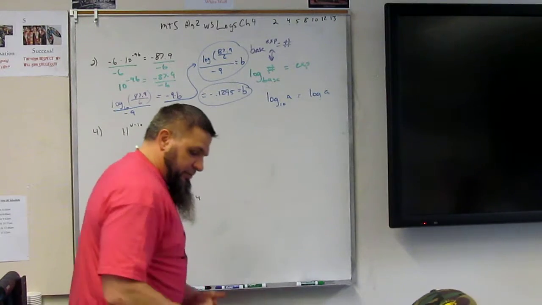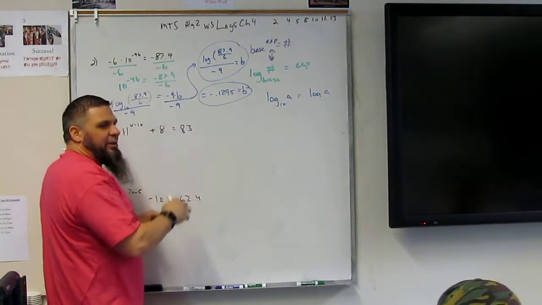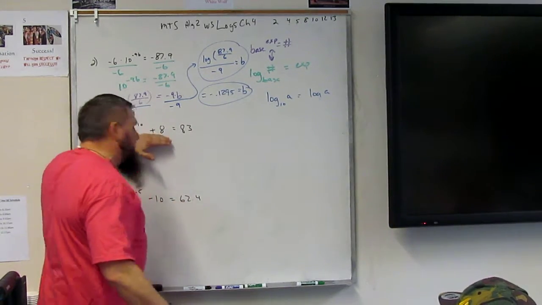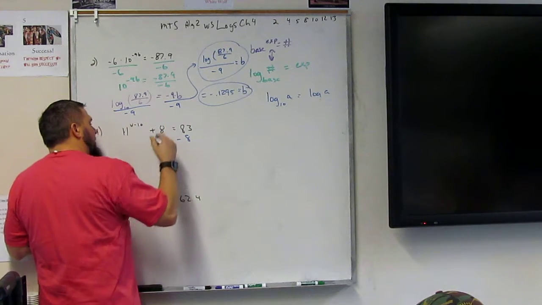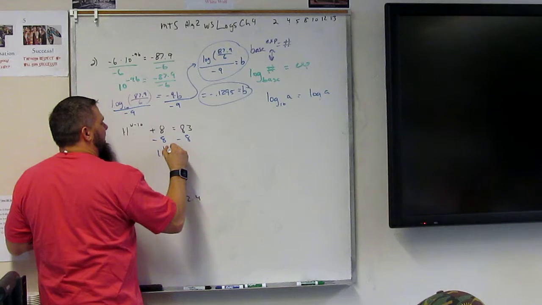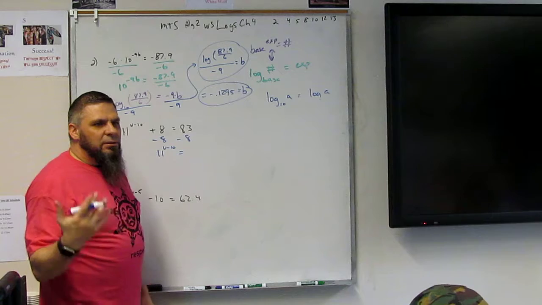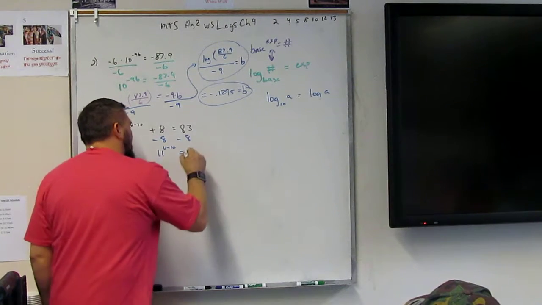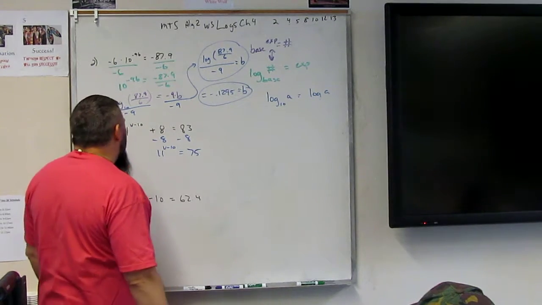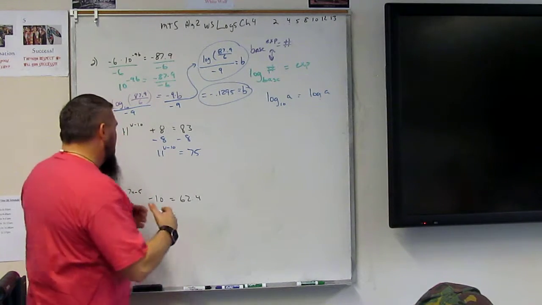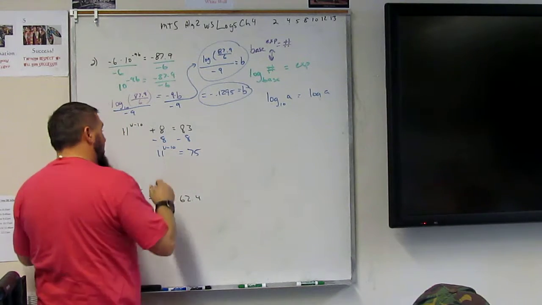A little harder. Okay? So, doing the same thing though. What's the opposite of add 8? There we go. Okay, so I got 11 to the v minus 10 is equal to 83 minus 8. What's that, 74? No, 75? Okay, so now I've got exponential form, log form.